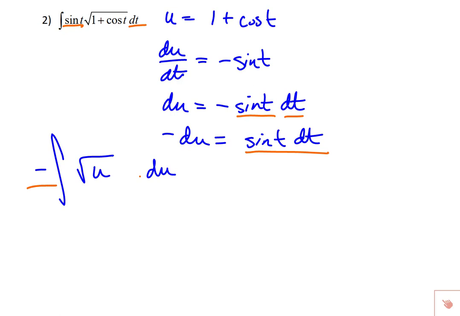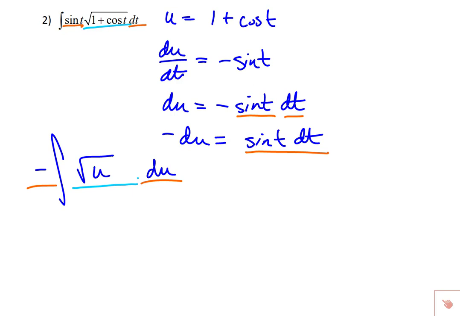So the negative sign we have and the du that we have are replacing the sine of t and dt. And then you could say that the square root of 1 plus cosine of t is represented by this square root of u we have in the middle. So every part of the original integrand is still present, just represented or substituted with different values.